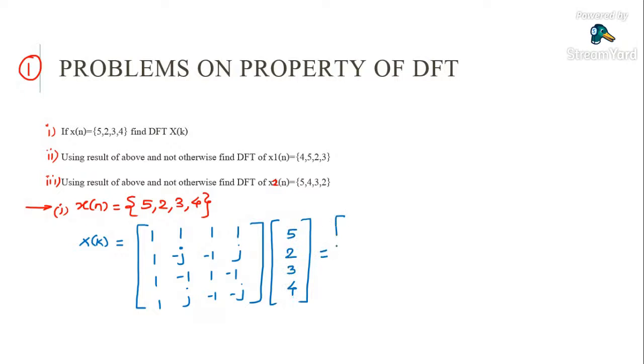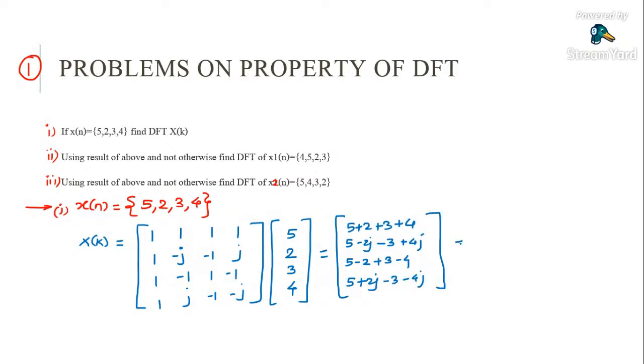Then find the multiplication. 5 into 1, 5 plus 2 plus 3 plus 4. Next is 5 minus 2j minus 3 plus 4j. Then 5 minus 2 plus 3 minus 4. Then 5 plus 2j minus 3 minus 4j.